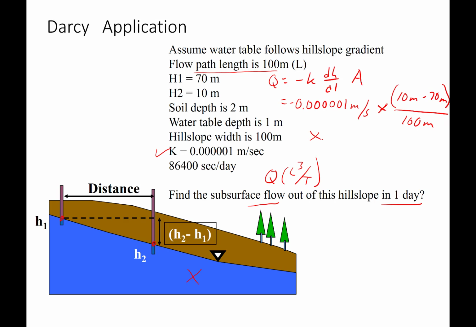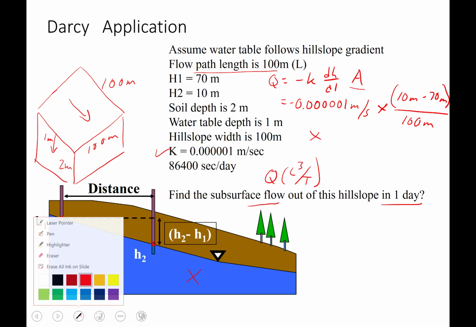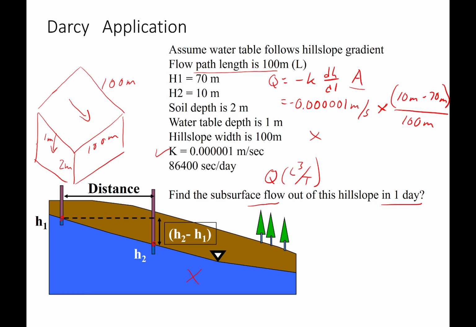All right, now we need our cross-sectional area. So we have this situation. They're telling us that the flow length is 100 meters and the width is 100 meters. And our soil, and this is not to scale, is 2 meters deep. The water table depth is 1 meter. So what they're saying is you go down 1 meter and you will have your water table.